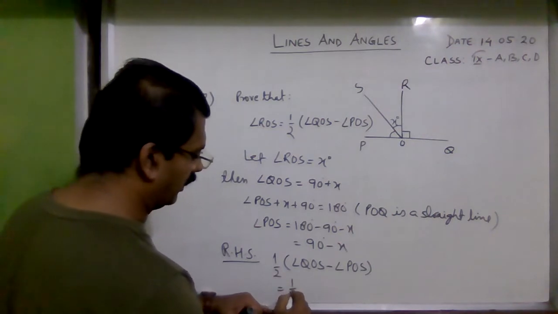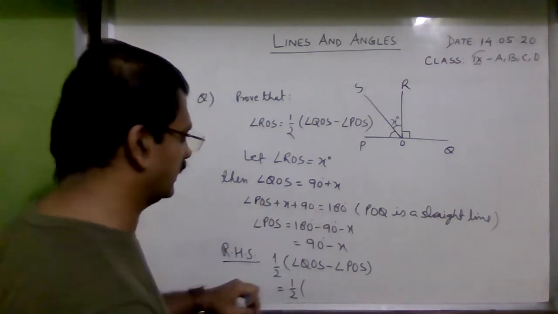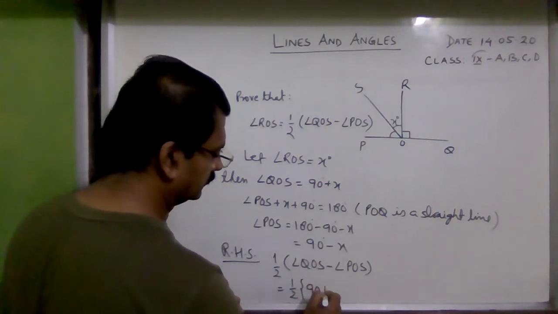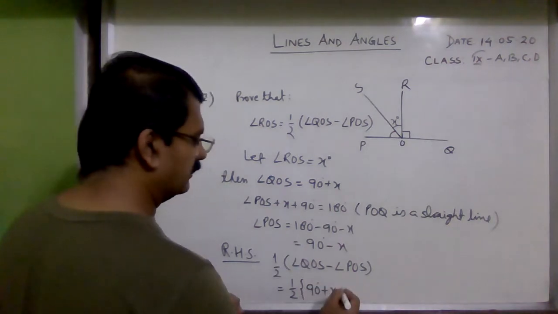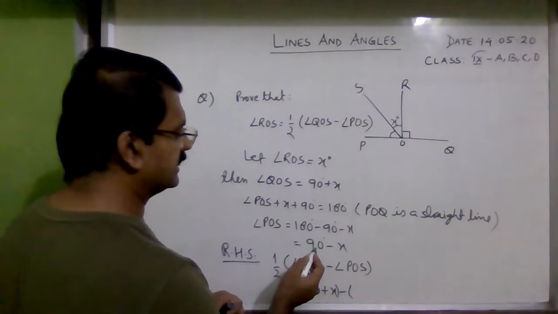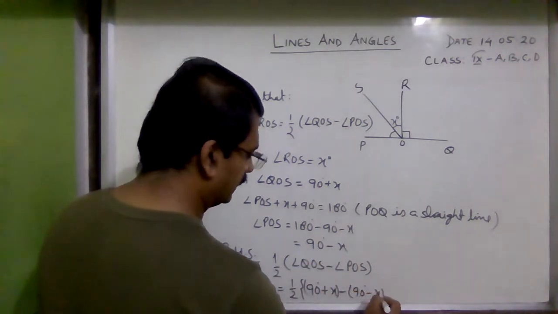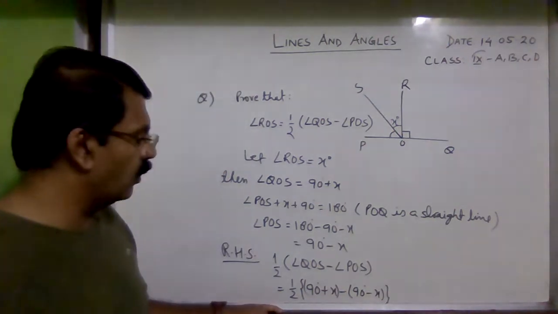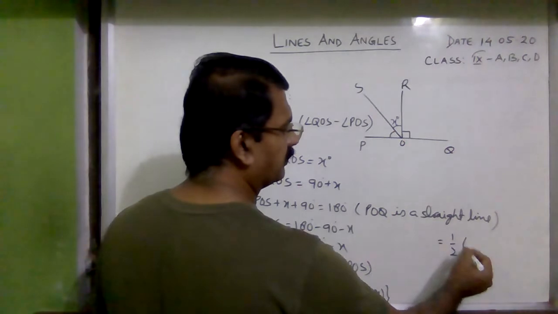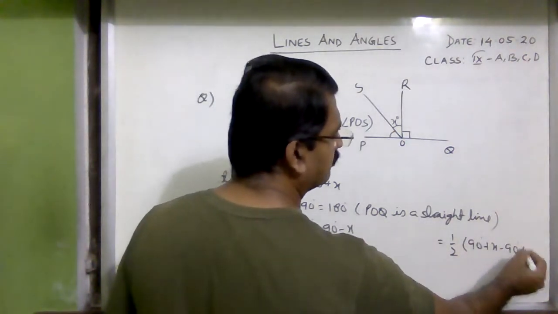Angle QOS is actually 90 plus x, and minus angle POS, which is 90 minus x. Now if you open the bracket, it will be half of 90 plus x minus 90 plus x.